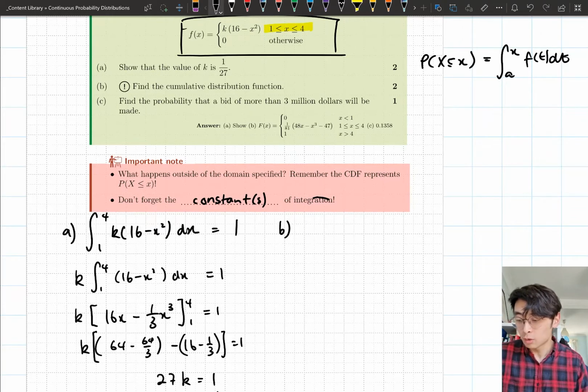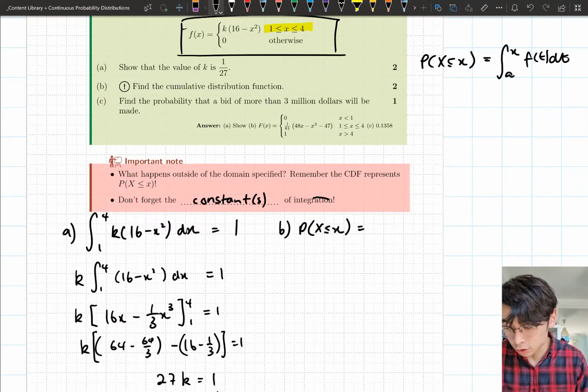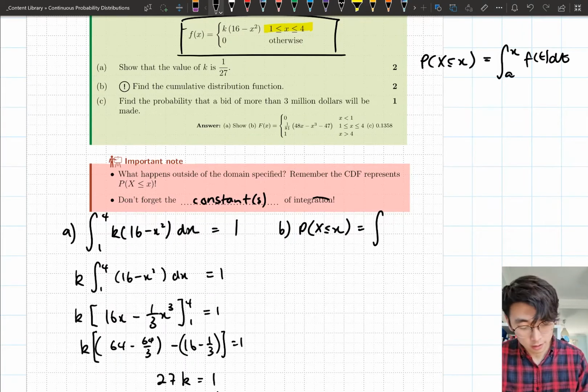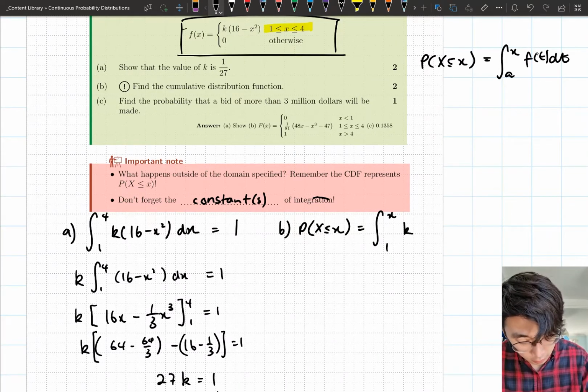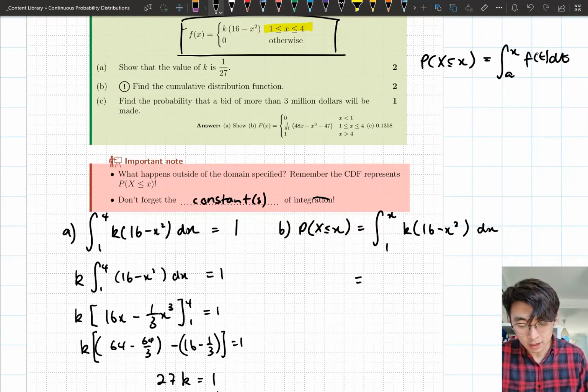So P of X less than or equal to x is equal to the integral of, now what we have here is a to x. a is just a lower value, so it's going to be 1 all the way up to x of my particular function here. So k(16 minus x squared) dx. Just like we did in the previous step, I'm going to integrate this.